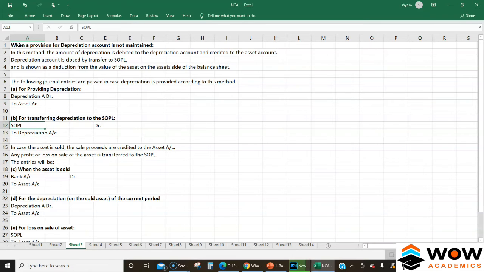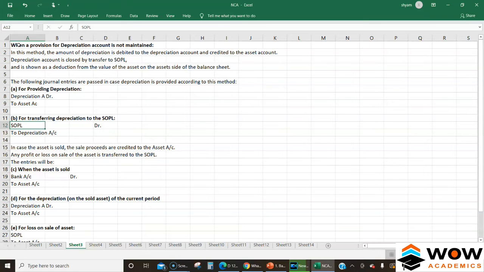The depreciation account was already debited, so now crediting it will nullify it, and the SOPL account has to be debited, because an expense or a loss has to be debited.